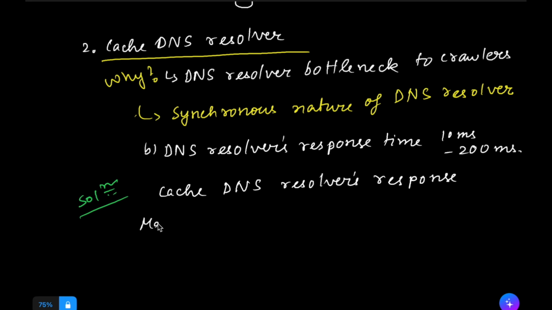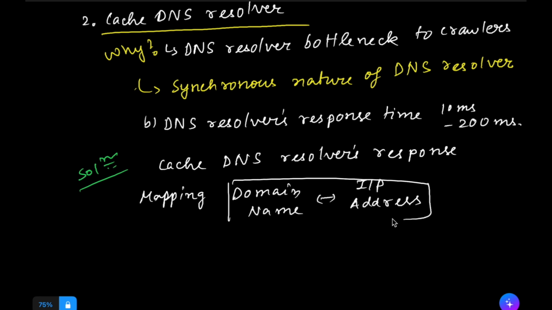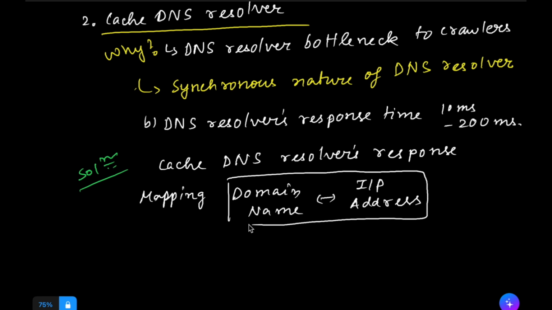We can have a mapping of domain name and IP address in the cache, which can help us with fast input output directly from the memory. Yes, so we can cache the results of the DNS response and also update the IP addresses periodically using cron jobs. In this way we can optimize the performance of our HTML downloader.